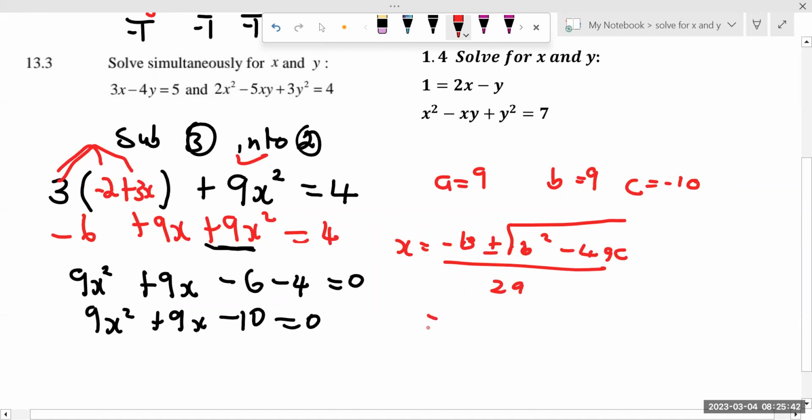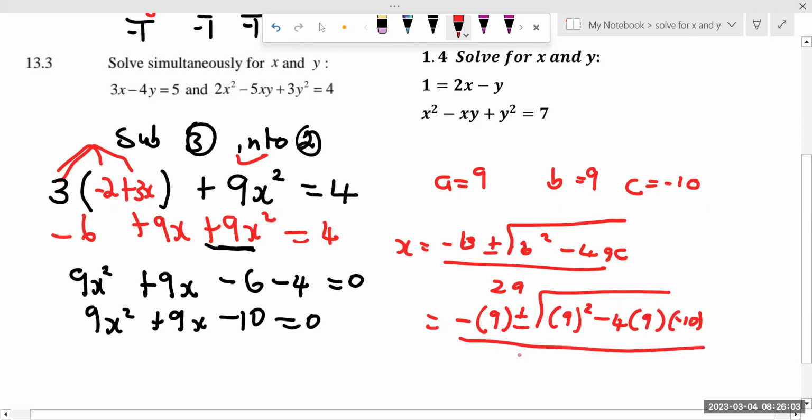Yes. Okay, let's go and substitute. Then we have minus open bracket, we have a 9, close bracket, plus and a minus. And then we have 9 all squared minus 4. 9 multiplied by minus 10 all over 2 multiplied by 9.